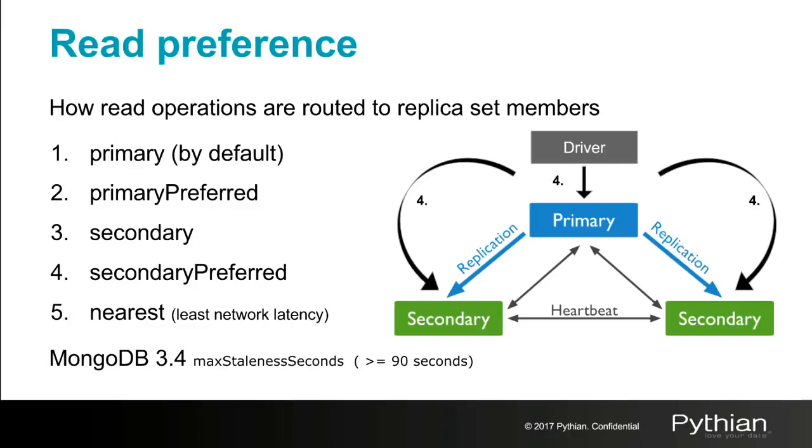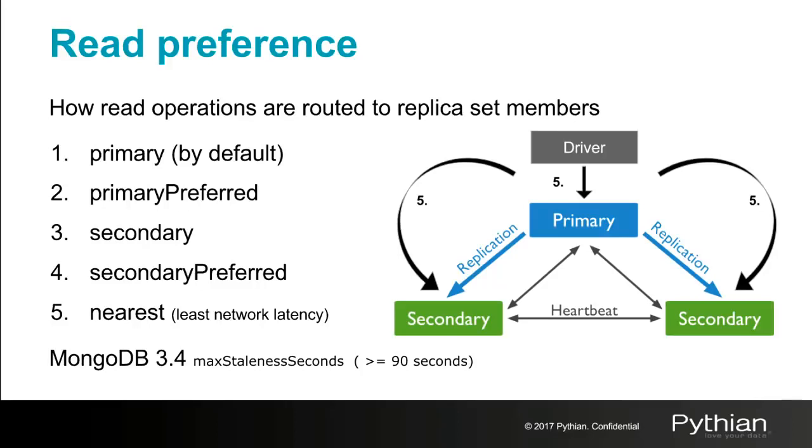And there is another option, nearest, in the read preference, and with nearest, the read can go to any node depending on the latency between the driver and the nodes. So the driver sends a ping to all of the nodes, and based on the network latency, it decides what's the nearest member, and then it can send the read operation to the nearest member.